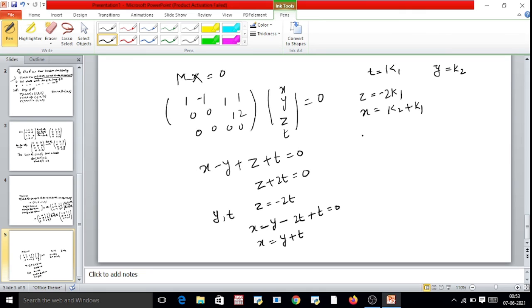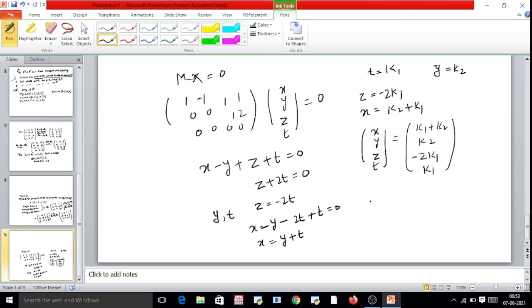So from there we get (x, y, z, t) is equal to (k1 + k2, k2, -2k1, k1).